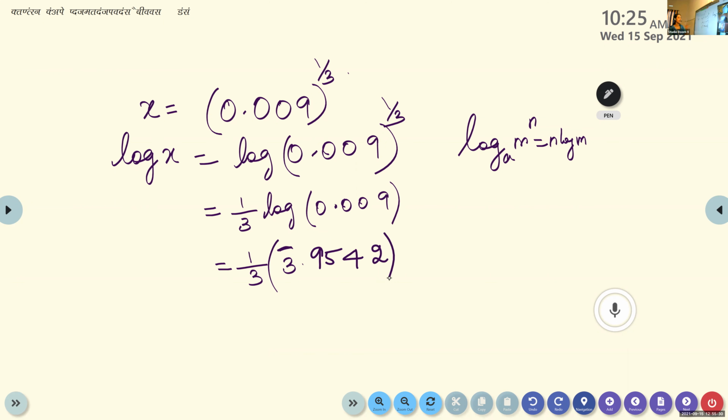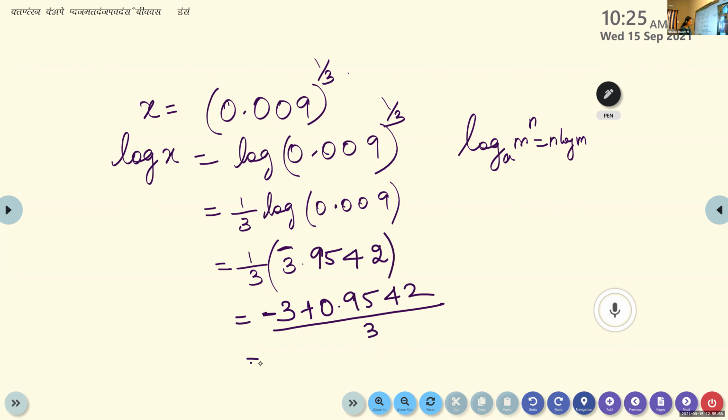Now you divide this by 3. Listen, children, 3 bar actually means minus 3 plus 0.9542. So what you will get?